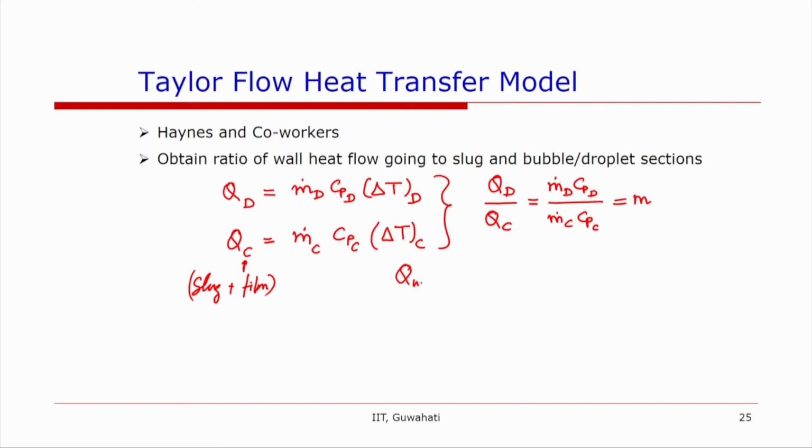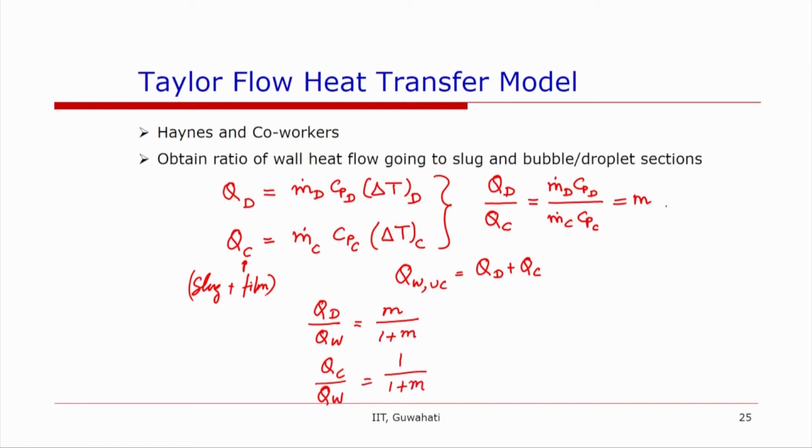So, Q wall in a unit cell will be equal to Q d plus Q c. So, one will have Q d over Q wall is equal to m over 1 plus m, and Q of the continuous phase divided by Q wall is equal to 1 over 1 plus m.